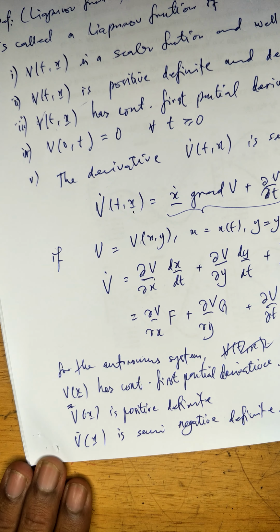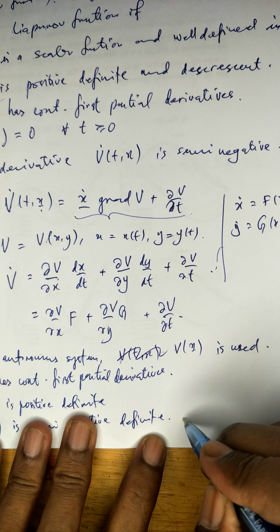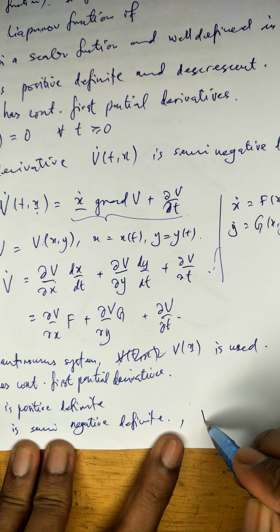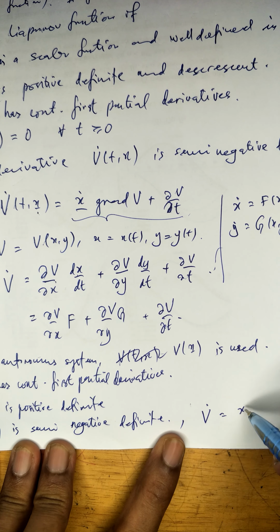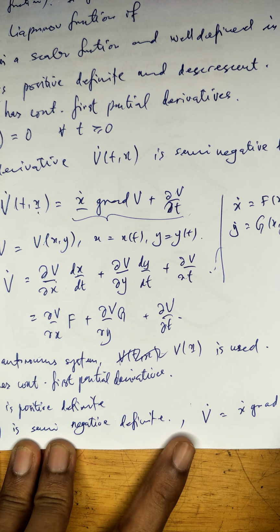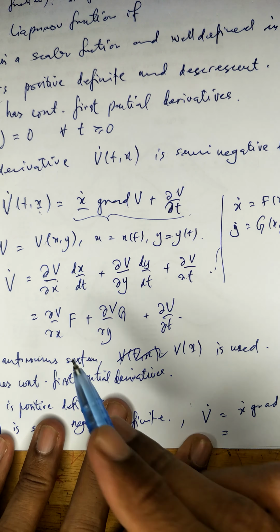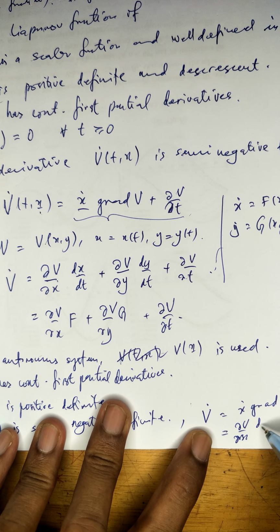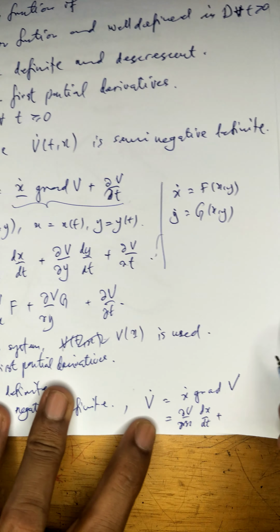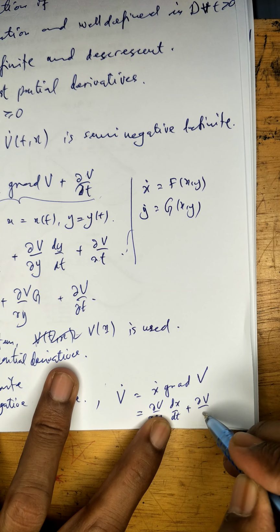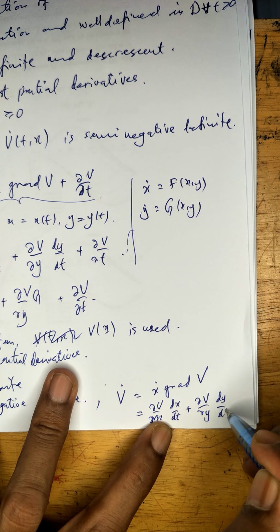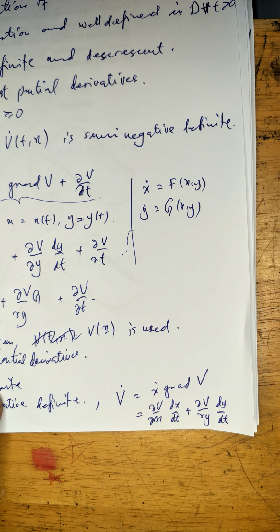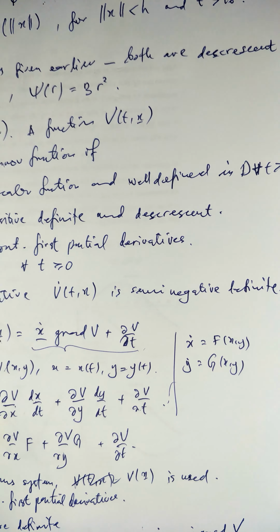Where our V dot is given earlier, because this function is not dependent on t, our V dot is just x dot dot grad V, which means we only have del V del x dx dt plus del V del y dy dt, for the autonomous system, the system that does not depend on t.